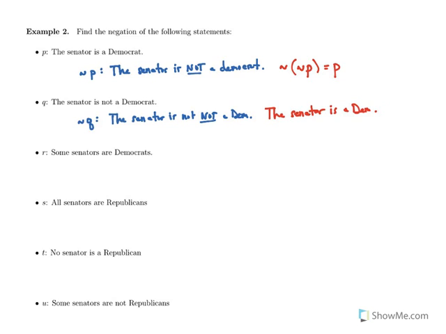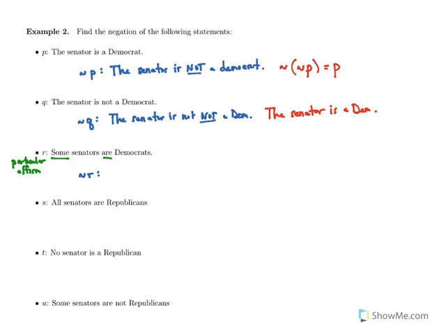So now we're getting to our universal and particular quantifiers. Statement R says that some senators are Democrats. So we want to find out what is not R. So note that this, some senators are, is our particular affirmative.